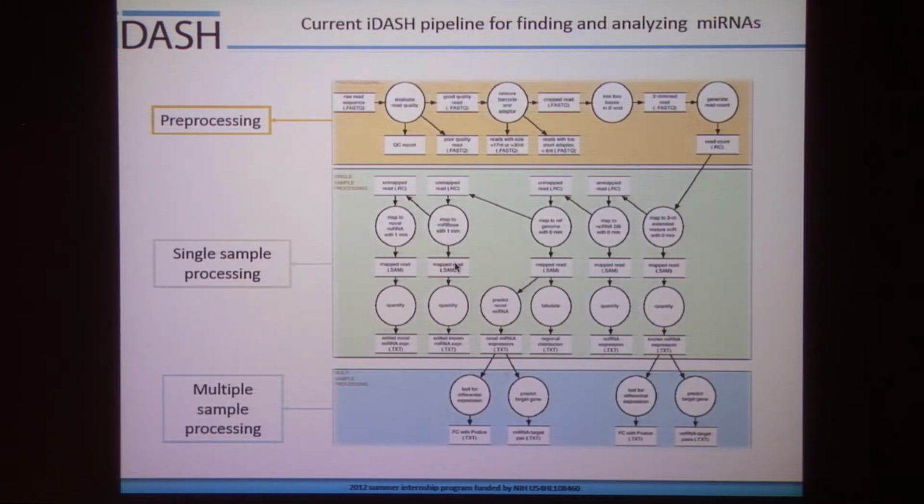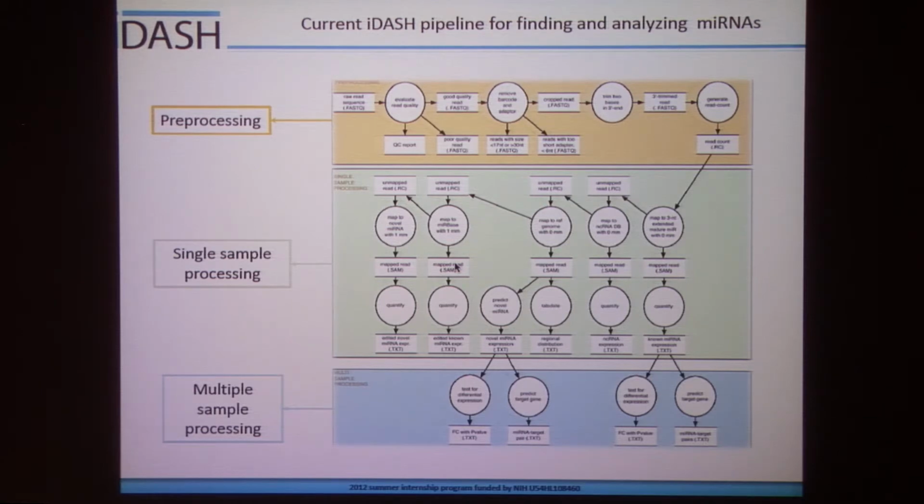So this is the current pipeline we use in iDASH for analyzing and detecting microRNAs. It has a lot of details. We don't need them. We have three main steps: pre-processing, single sample processing, and multiple sample processing.